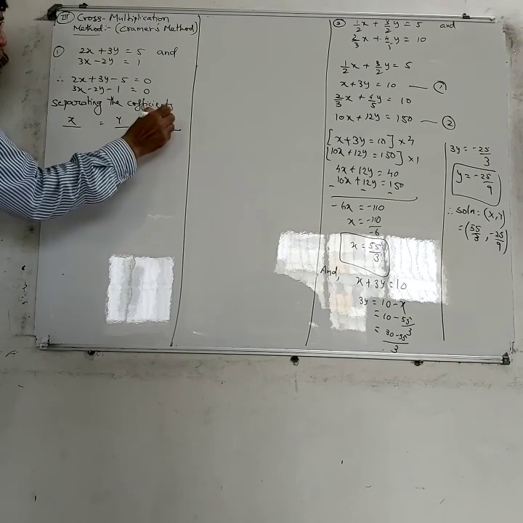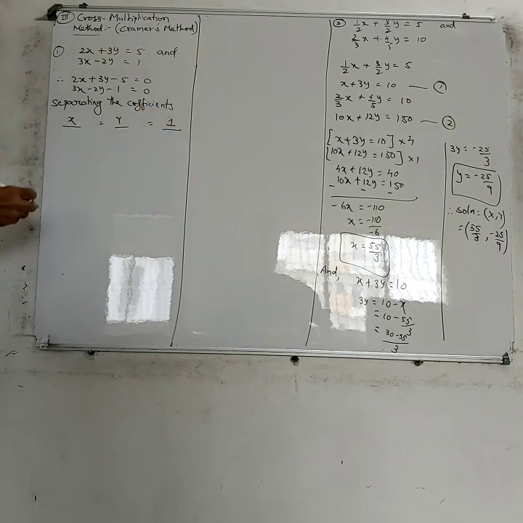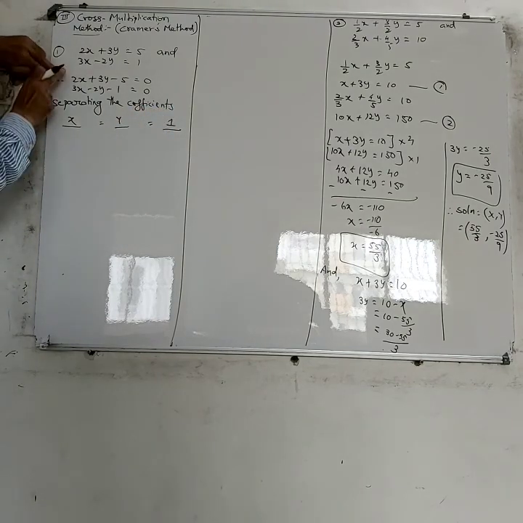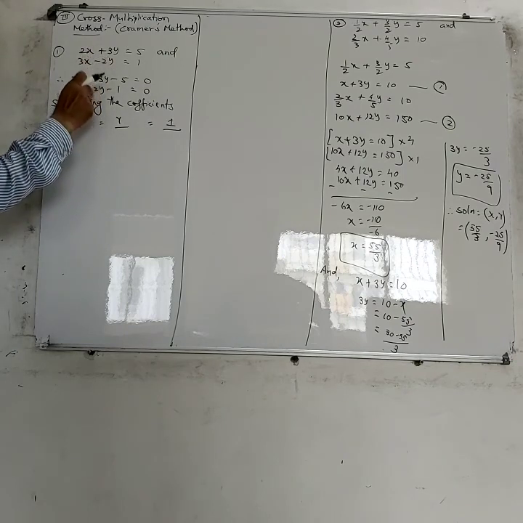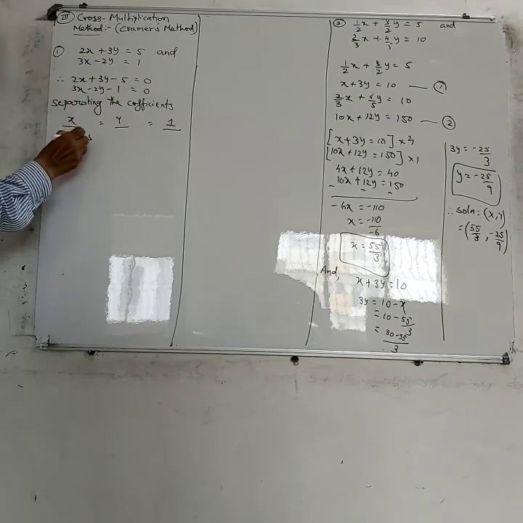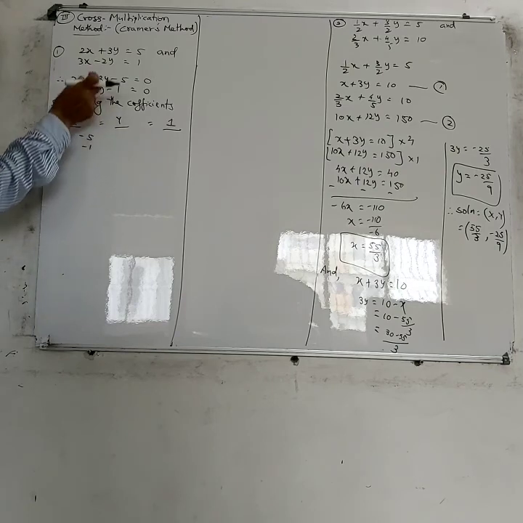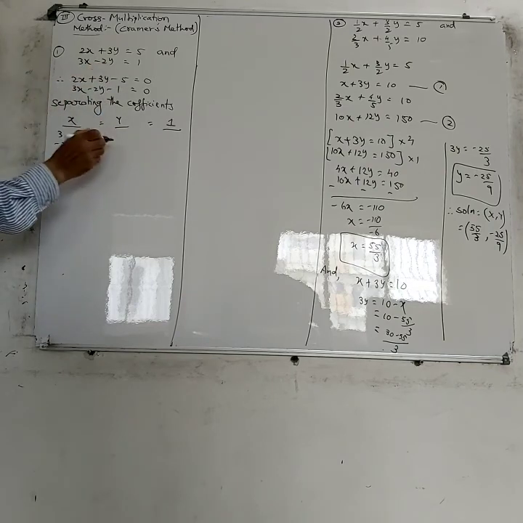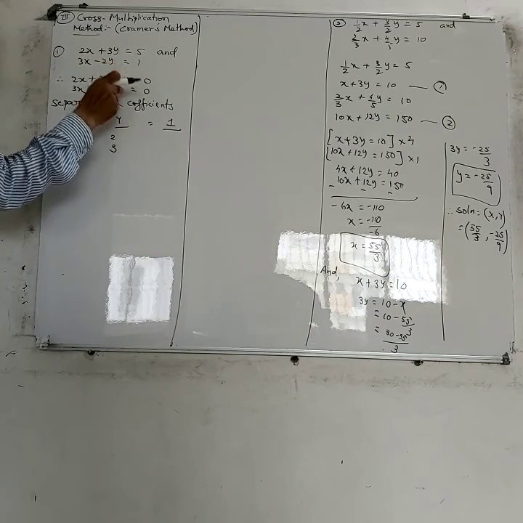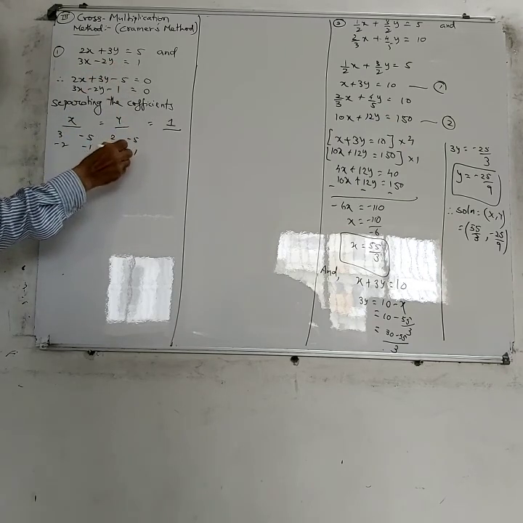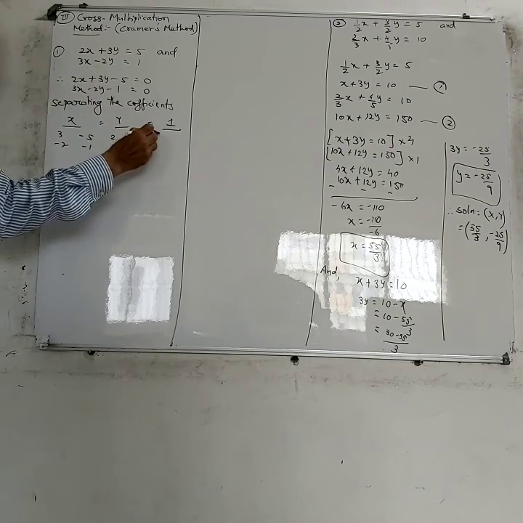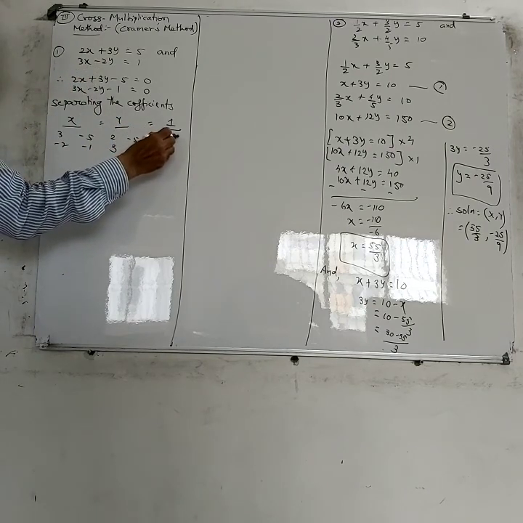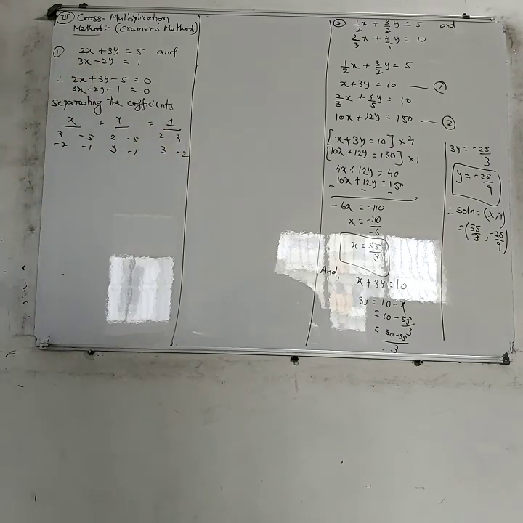Now, if you want to write below x, forget the x column's own coefficients 2 and 3. Write 3, minus 2, minus 5, minus 1. When you want to write under y, forget this 2 and 3, and write minus 5, minus 1. When you want to write under 1, forget this part, only this part: 2, 3, 3, minus 2.